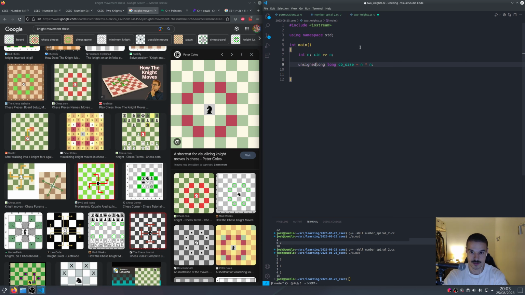And I'm going to make this a long, because I think signedness is actually going to have to come into play here. Because if we had the knight here, it can only move there. It can't move there because that's off the board, and it can't move there because it's off the board.